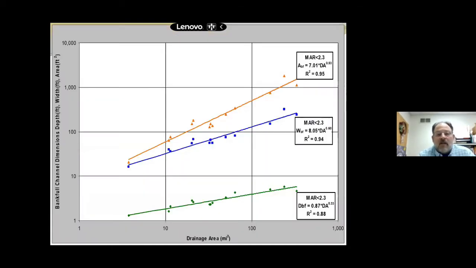This slide shows the data that had to be collected in order to develop regional curves based on drainage areas, and determine the sizes of those channels.